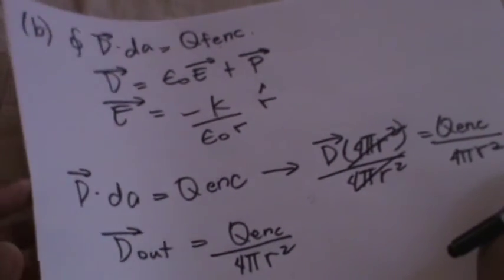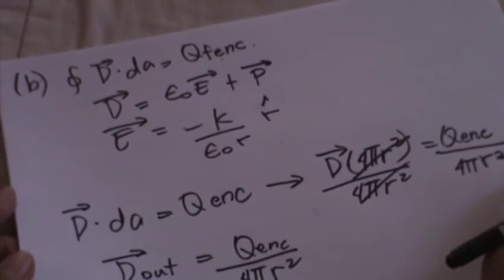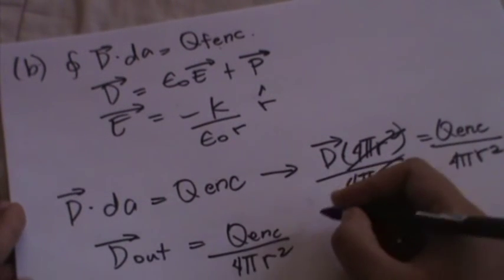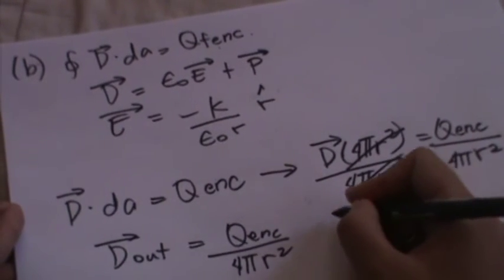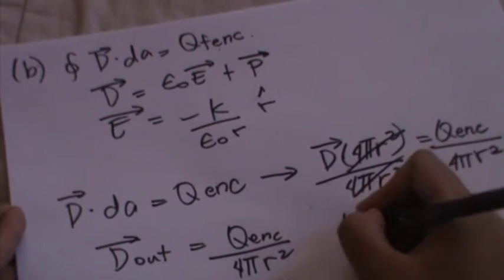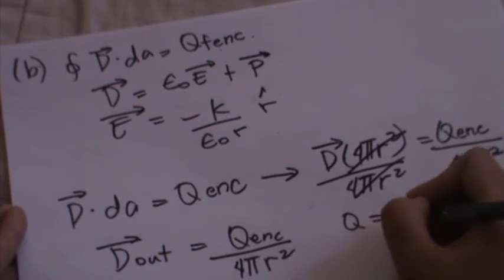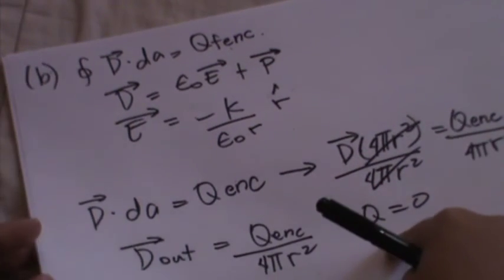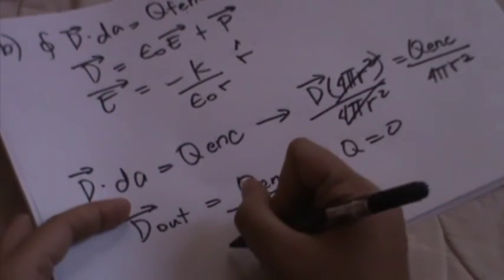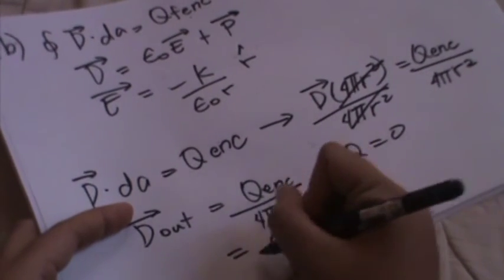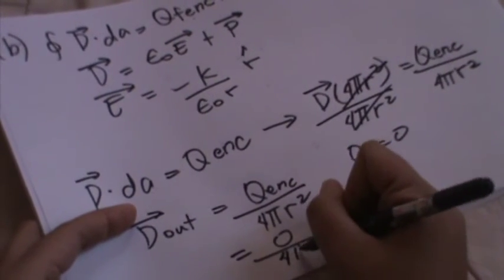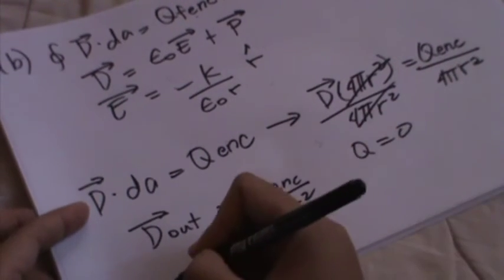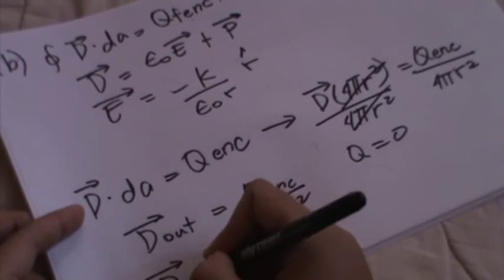Like the reasoning in the first method, there's no free charge outside. Therefore, the charge here will be equal to 0. So the charge is equal to 0. If we substitute the charge as 0, we'll have 0 over 4 pi r squared. So that's D out.